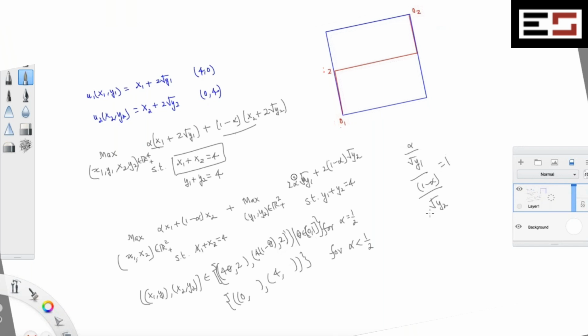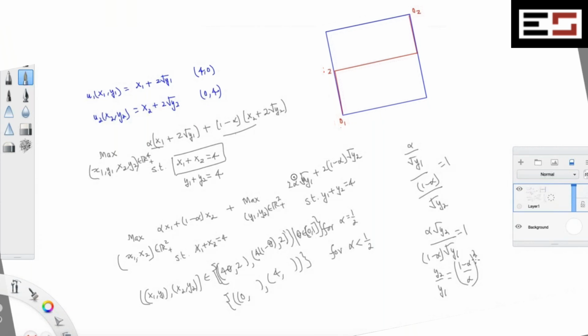Yes or no? Okay, so what are we going to get? If you take this to the numerator, you're going to get alpha root y2 upon 1 minus alpha root y1 is equal to 1, which is going to give you what? y2 by y1 is equal to 1 minus alpha by alpha squared.